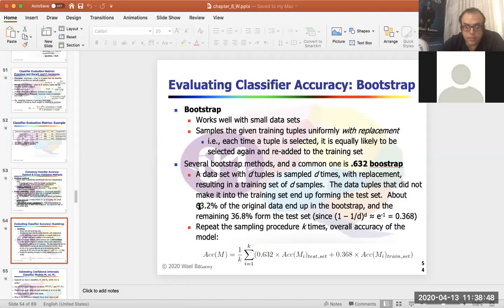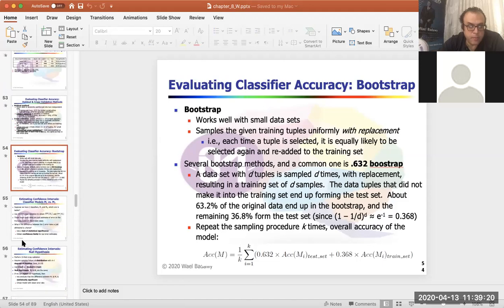About 63% of the original data end up in the bootstrap, and 36.8% end up in the test set. So basically, the equation is (1 - 1/d)^d, which is roughly 0.368. If I repeat this sampling k times, I can compute the accuracy of the classifiers.